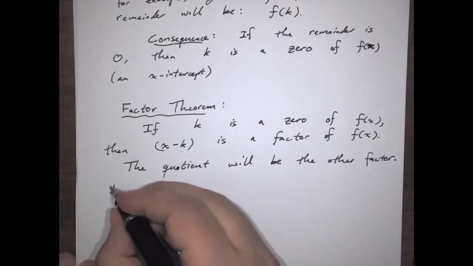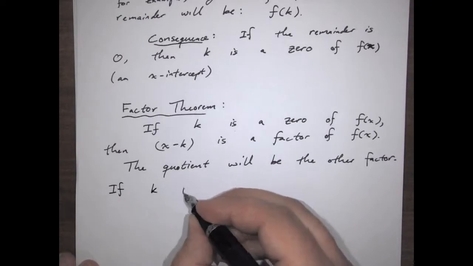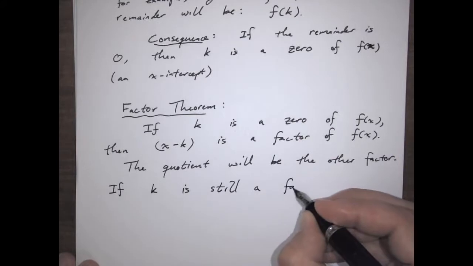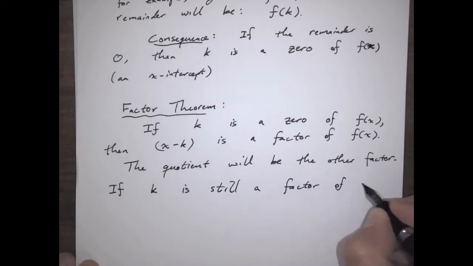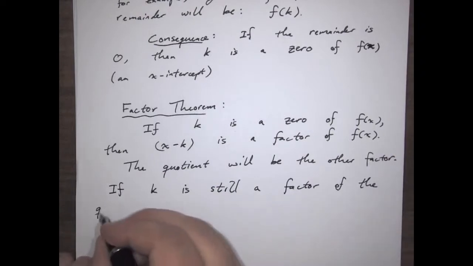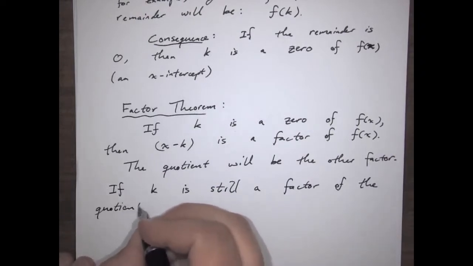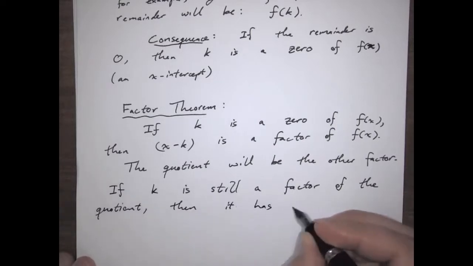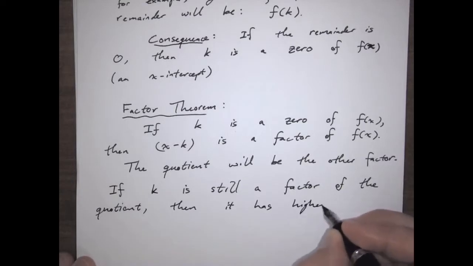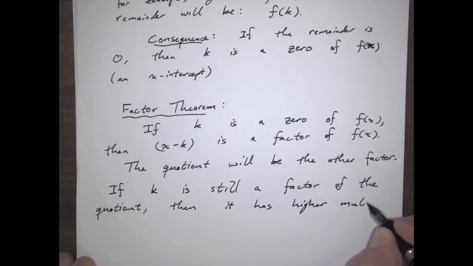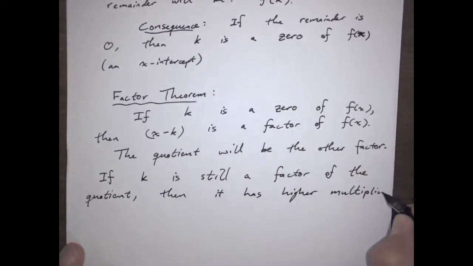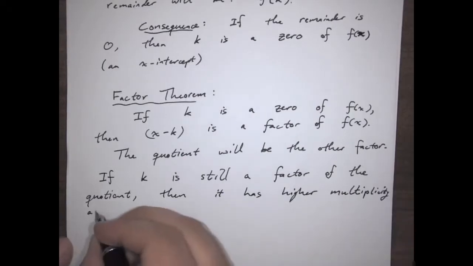So if k is still a factor of the quotient, then it has higher multiplicity as a 0.